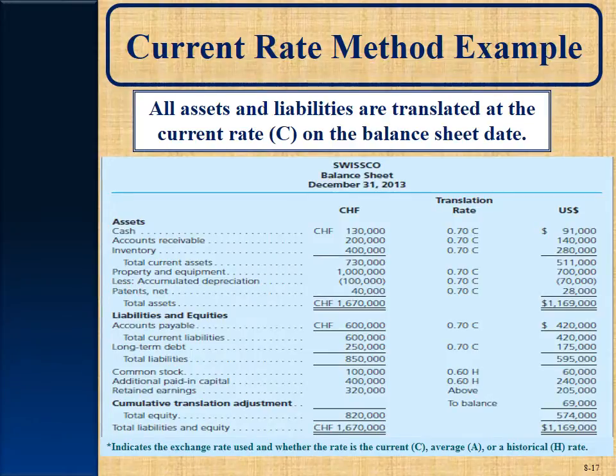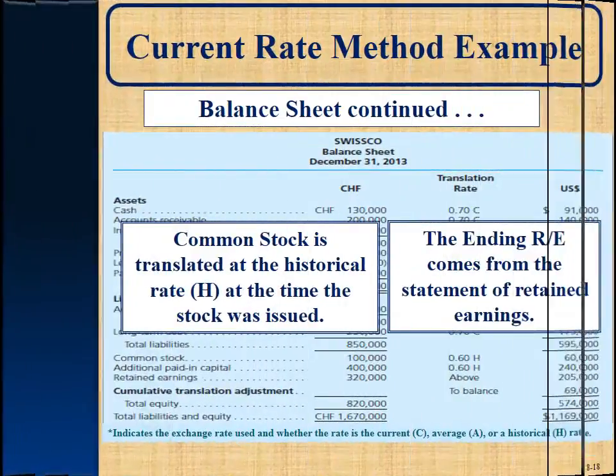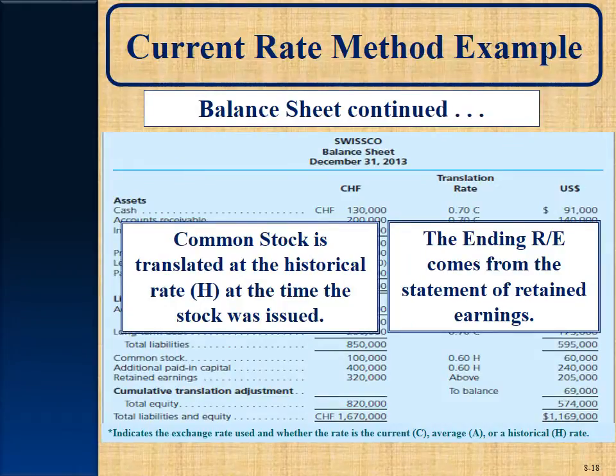These are the things that I was talking about. Remember, we're not converting the retained earnings statement again. Our balance again, we're taking it right off whatever we converted on the statement of retained earnings.